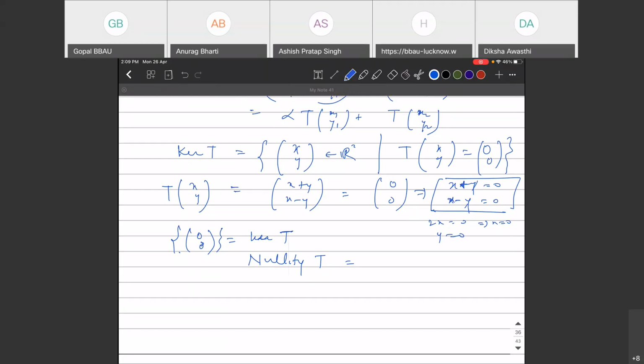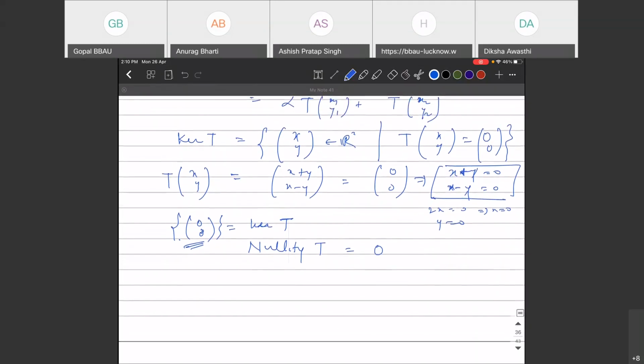Is it 2? It is 0. Why? Because this is the zero subspace, and you have already seen that the dimension of the zero subspace is 0.